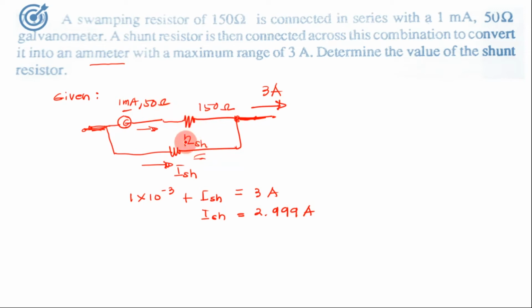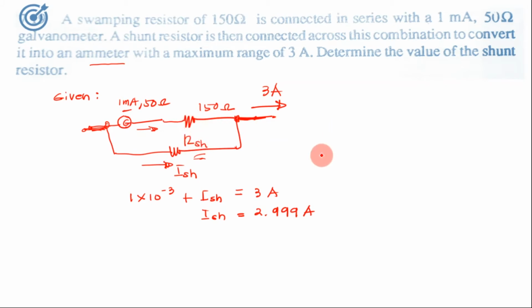We are tasked to solve for the R shunt, the resistor in parallel. To get that, the voltage in this branch is equal to the voltage here, since they are in parallel. Therefore, the voltage of your galvanometer plus the voltage of the 150 ohms will be equal to the voltage of the resistor parallel to that.